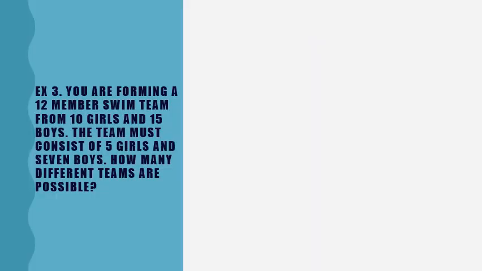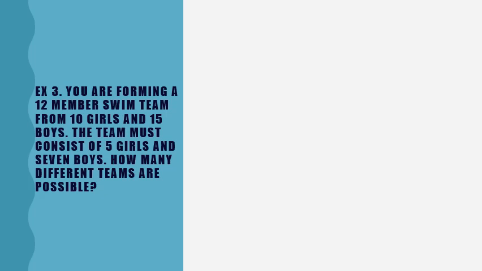Alright, this last one: you are forming a 12-member swim team from 10 girls and 15 boys. The team must consist of 5 girls and 7 boys. How many different teams are possible?